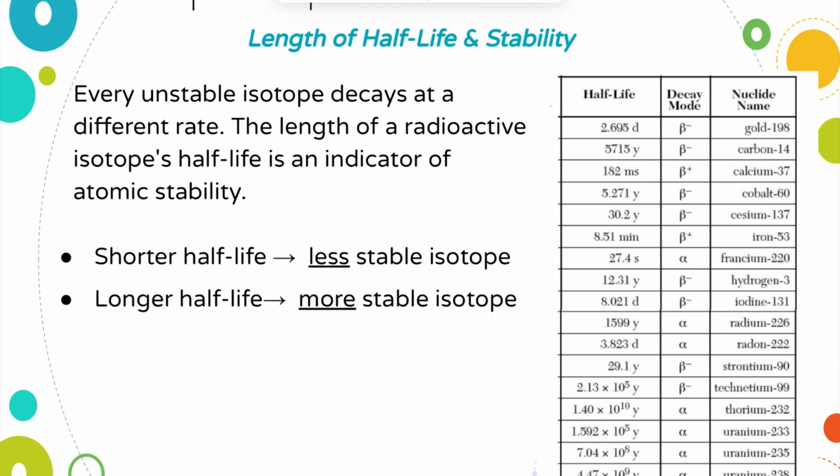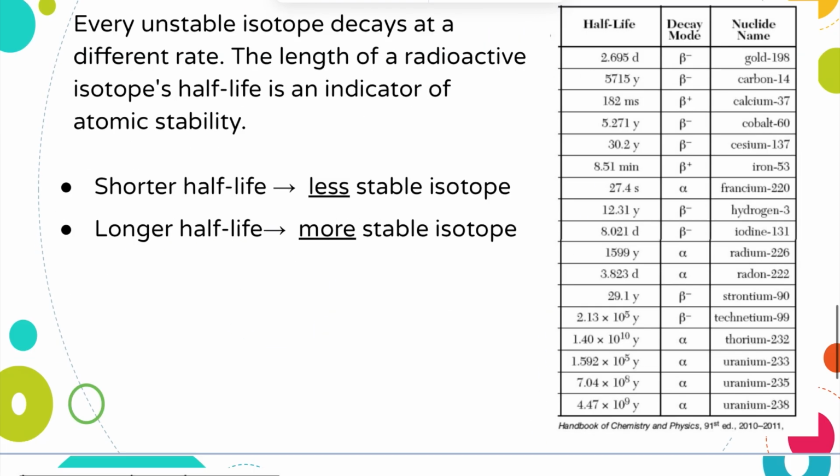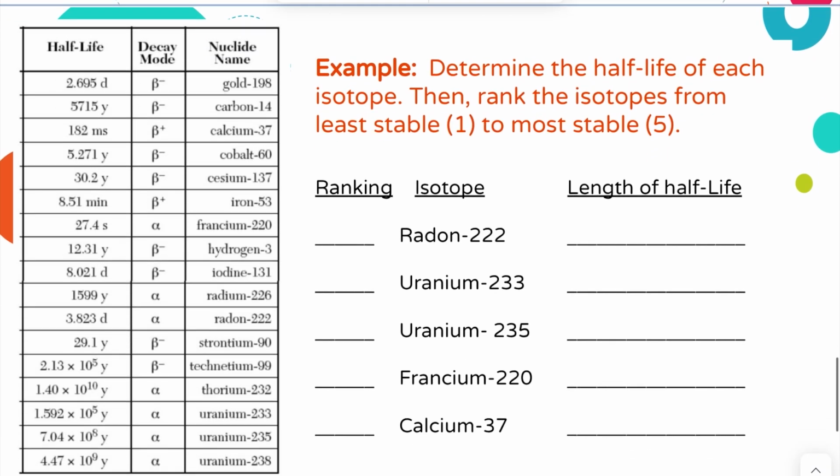So we can use that information to rank stability. Determine the half-life of each isotope and then rank from least stable to most stable. Let's go through. We've got radon-222, finding that on our chart. Radon-222 has a half-life of 3.823 days.